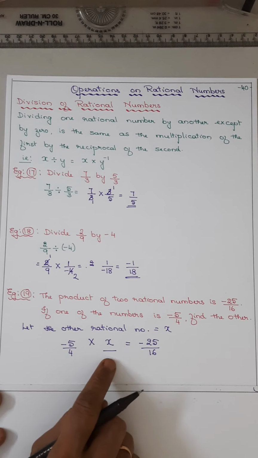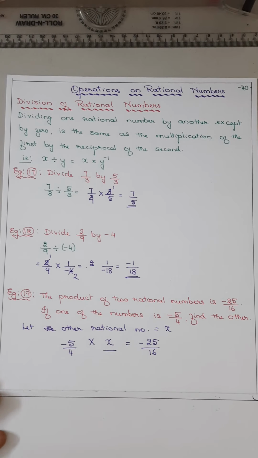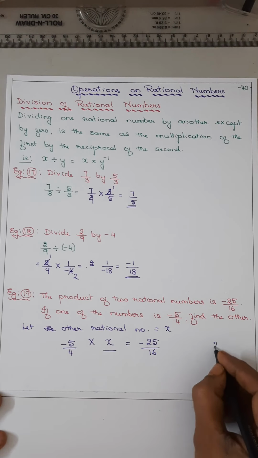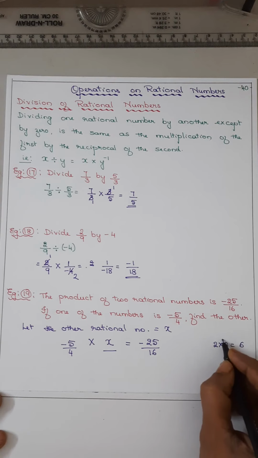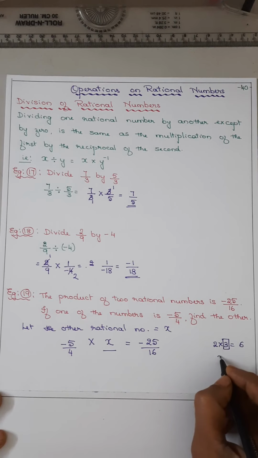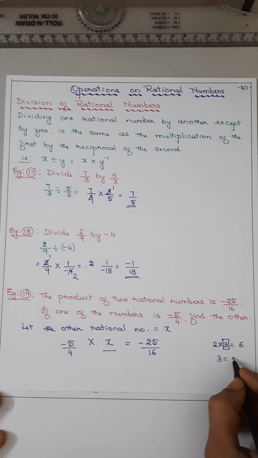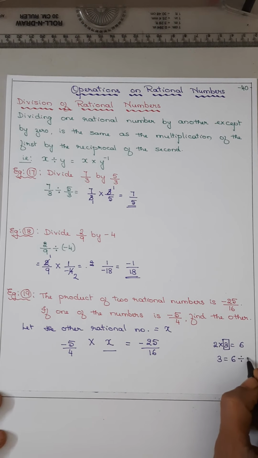So to find the second number in a multiplication, what is the rule? 2 3s are 6. To get this 3, what are you going to do? 3 is equal to 6 divided by 2.